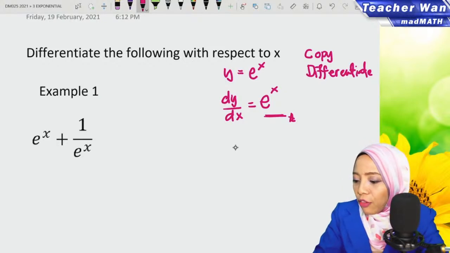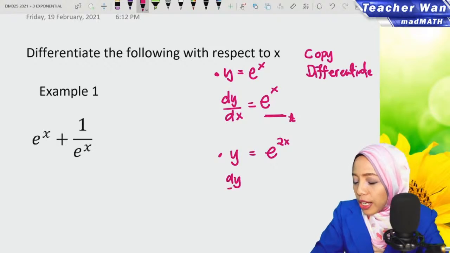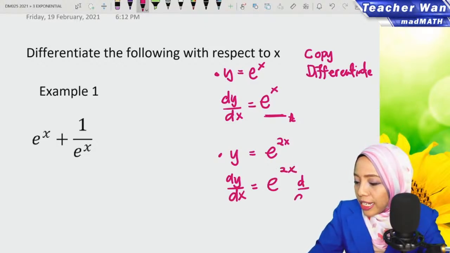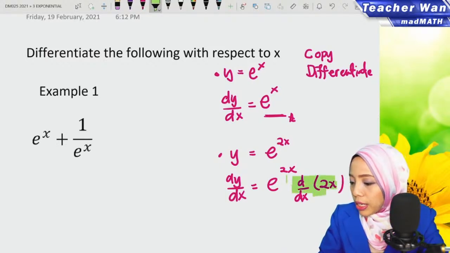But if given to you y equals a function, for example 2x, y equals exponential to the power of 2x, so dy over dx, copy everything, e to the power of 2x, multiply with the differentiation of 2x. This part is optional, you can write it down or not.